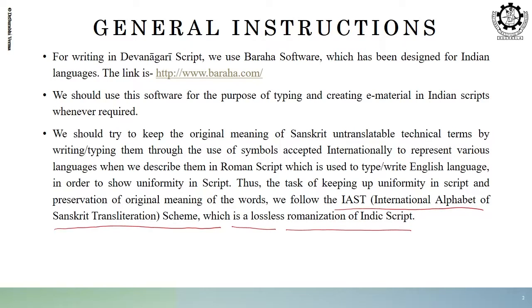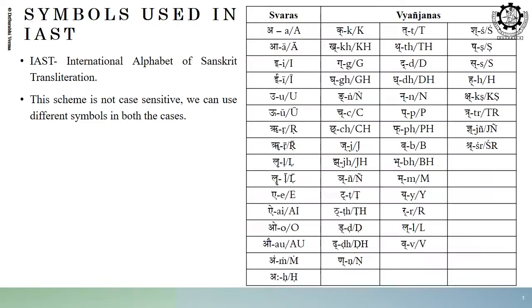And that is why in the beginning of this course, I am going to teach you how to write the words of Indian languages in Romanized version or in transliterated form. And for that purpose, we need to have the understanding of those symbols which are available for different sounds.